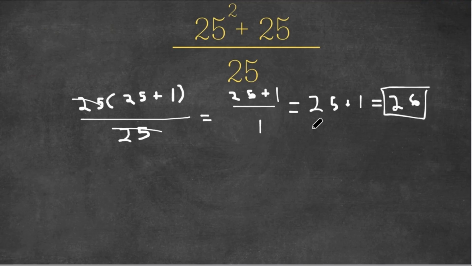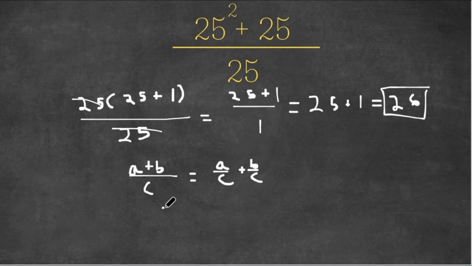Now, the second method is, as you can see, if we have (A plus B) over C, this is the same thing as A over C plus B over C. So right here, we have (25 squared plus 25) over 25.